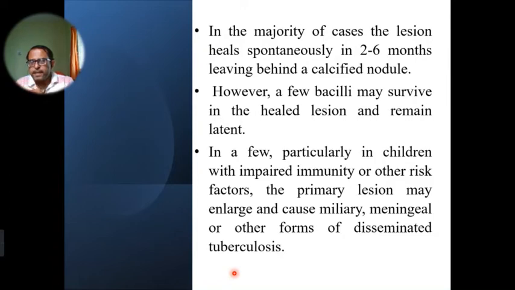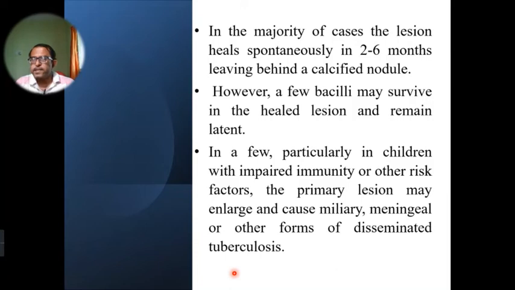Around this bacteria, different types of defense system cells are present.